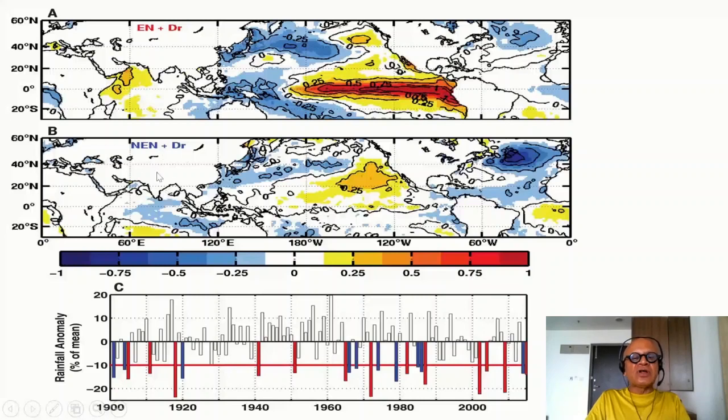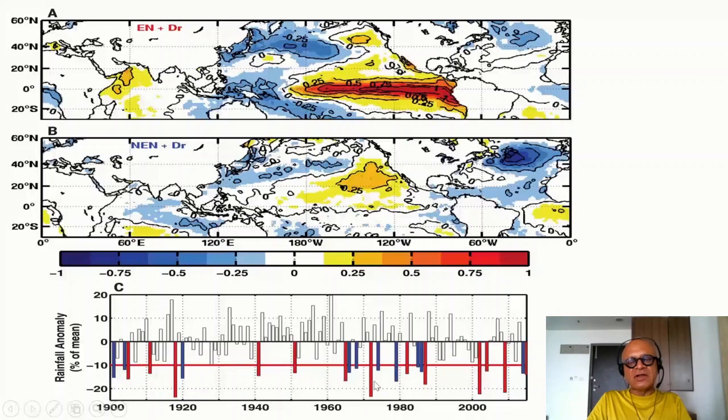The non-El Nino droughts have a different SST pattern. The signature is not so strong on the equator. It's the ITCZ signal here, and it has some coldish pattern over the Indian region, and this here is identifying the El Nino droughts in red and non-El Nino droughts in blue.